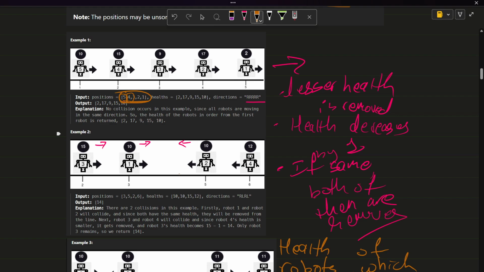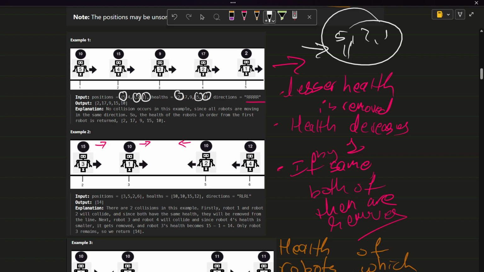And finally, for example, if the robots at positions 5, 2 and 1 are alive, then at the end we have to give the corresponding health at that time, for example 2, 15 and 10, in the same order. Means they should be in the order of 5, 2, 1, so the corresponding health should be given in the answer. This is the main twist.